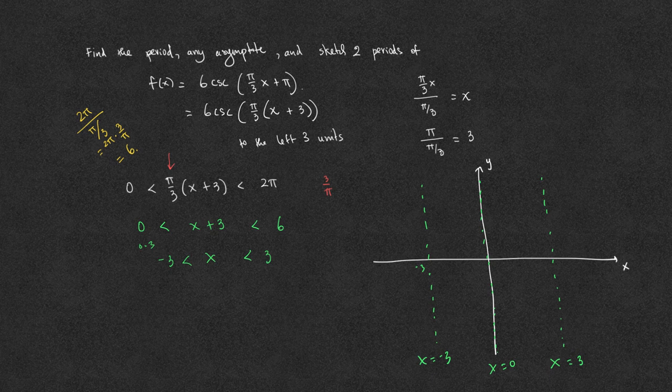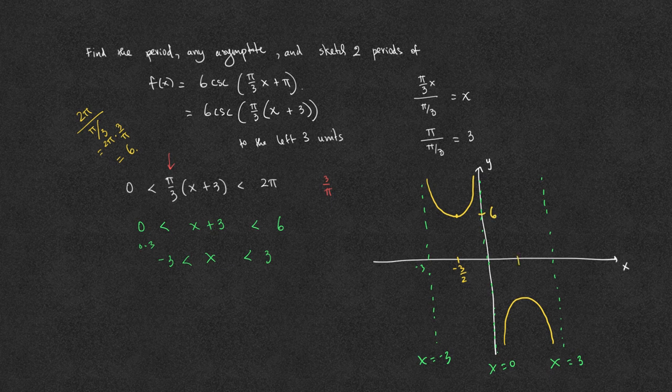The graph of cosecant of x would be concave up in the first interval and then concave down in the second interval, but equidistant. Now, when x equals negative 3/2, the y value should be positive 6.